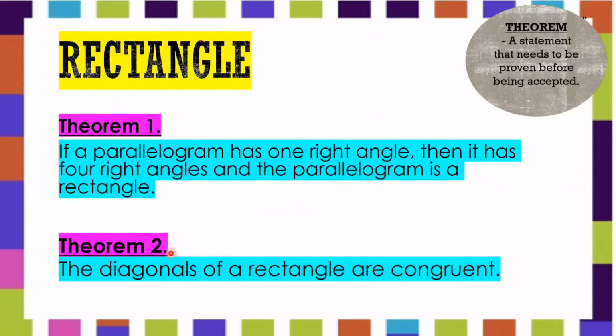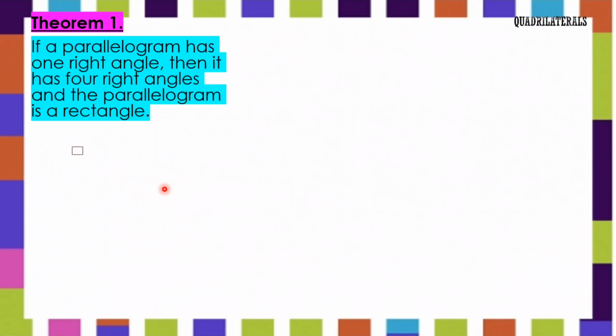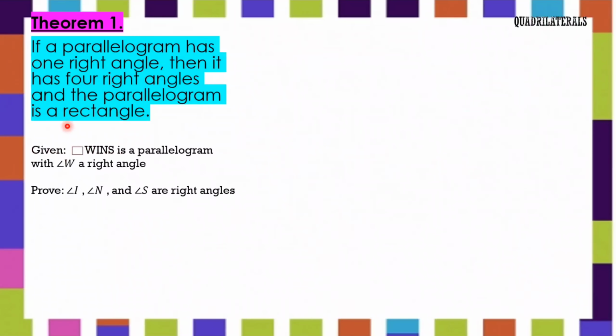Okay? So, let's have the proof for theorem number 1, which states that, again, if a parallelogram has one right angle, then it has 4 right angles and the parallelogram is a rectangle. So, let's say we are given the parallelogram WINS. WINS is a parallelogram with angle W, a right angle.